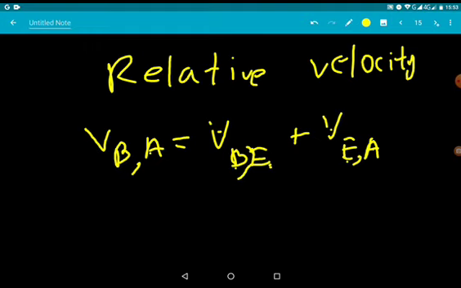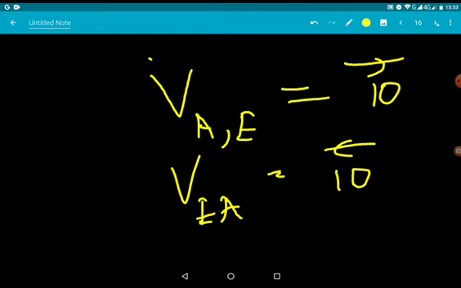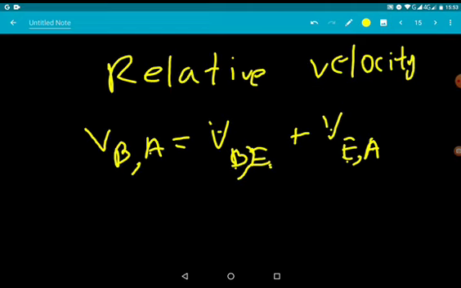You will ask, sir, how to define the relative velocity of earth relative to A? It's something contradictory. No, there will be no contradictions. If you know the velocity of A relative to earth towards this direction as 10, then V_EA will be 10 in the opposite direction.